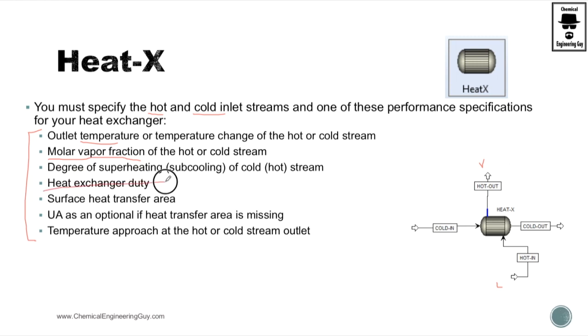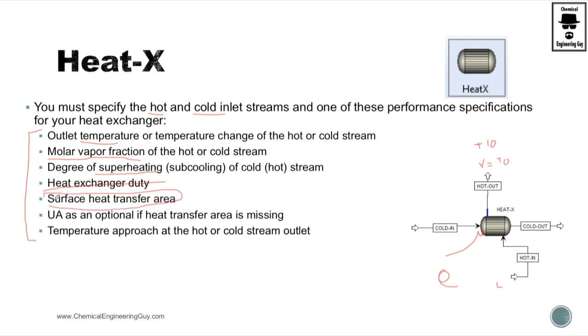You can use the heat exchanger heat duty. You know that you need certain heat exchange values, so you do it here. Also, you can select the degrees of superheating, because when you select a vapor fraction of 1.0, this will be saturated. But if you wanted, say, 10 Celsius above its saturation point, you can do it.